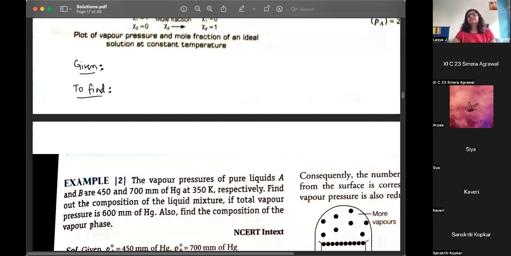Only two people have done it. Arya, Kaveri, Sanskriti, where you guys at? क्या हो रहा है? I'm not set. Setting, ठीक है. Oh, Sanskriti, I think decimals or somewhere there's... Just check your calculations.